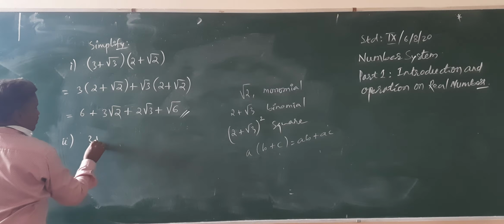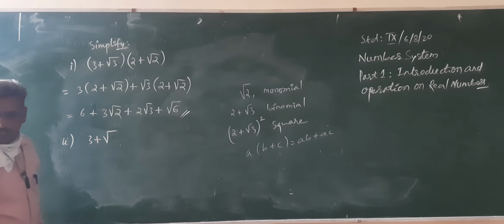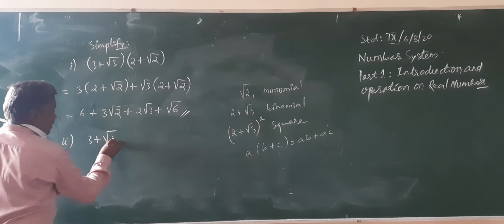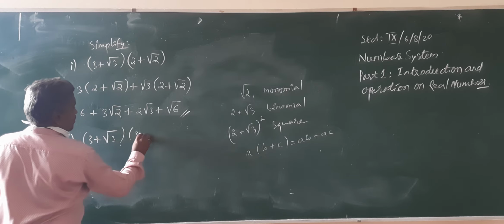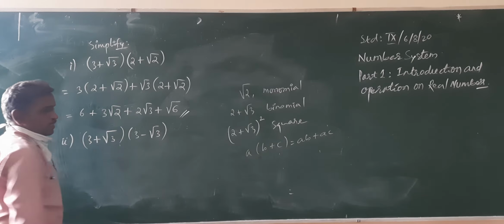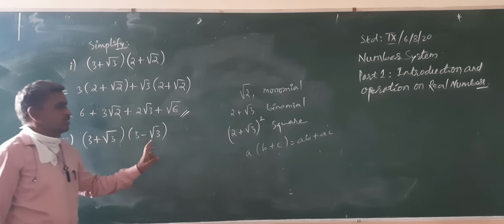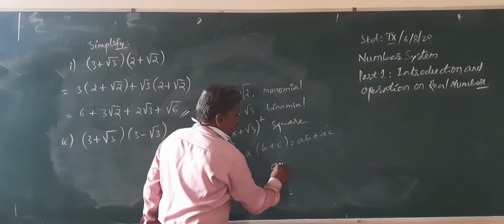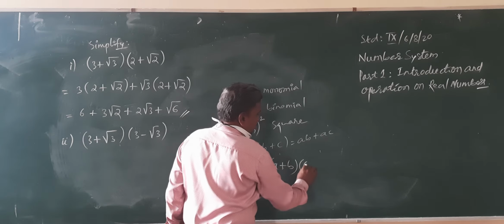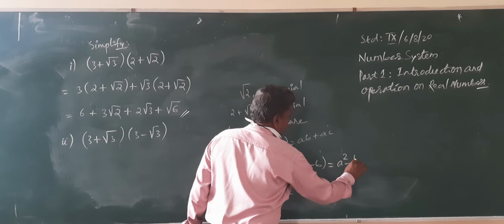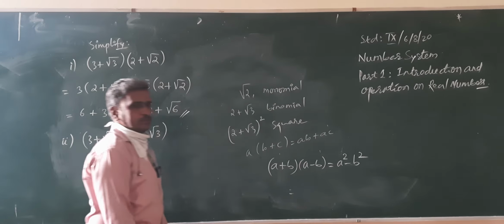So simplify that: 3 plus root 3 into 3 minus root 3. Yes, a plus b into a minus b equals a square minus b square.